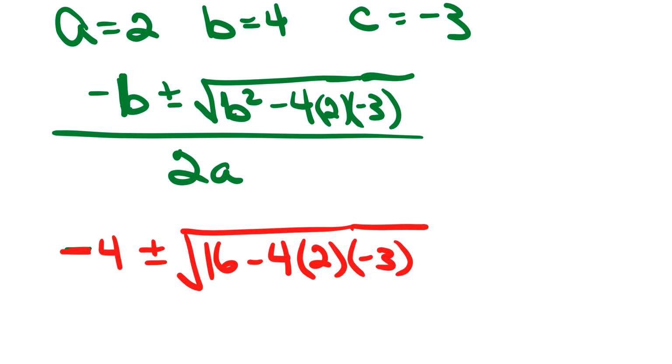I'm just going to do the numerator right now, then I'll divide it by the 2a, which is 2 times 2. I know my denominator is going to be 4 in the bottom.